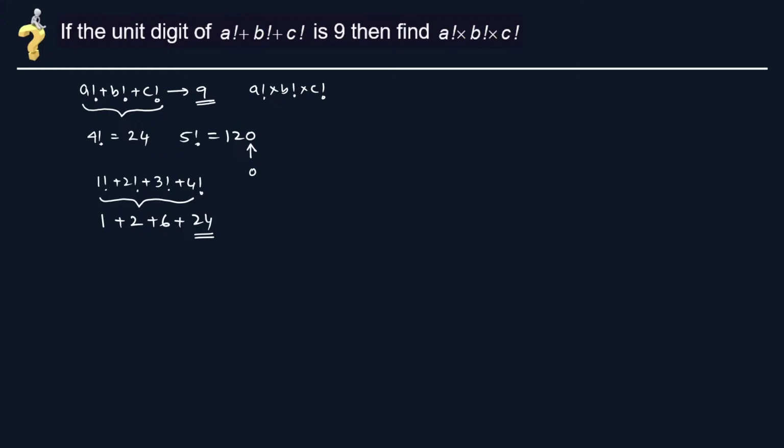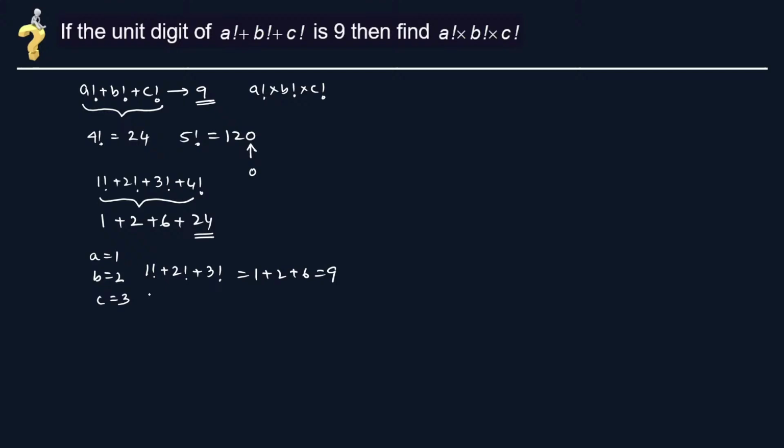Therefore, the only possibility that the unit digit will be 9 when we add factorial a plus factorial b plus factorial c is when a is 1, b is 2 and c is 3. Because factorial 1 plus factorial 2 plus factorial 3 gives us 9.